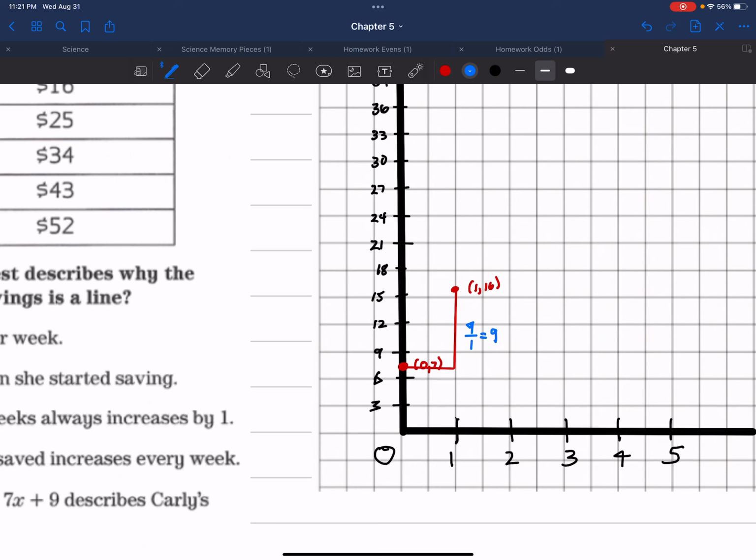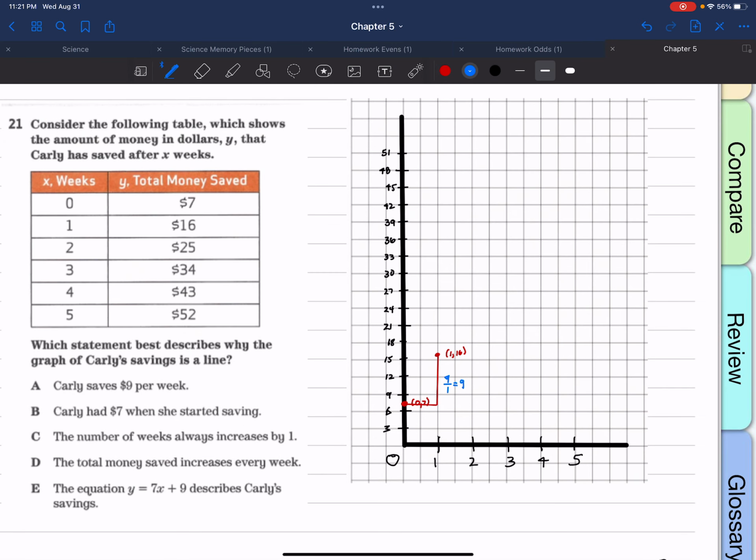That is for that first set of points. At 2 weeks, her savings was 25. Again, it runs 1 and rises $9.